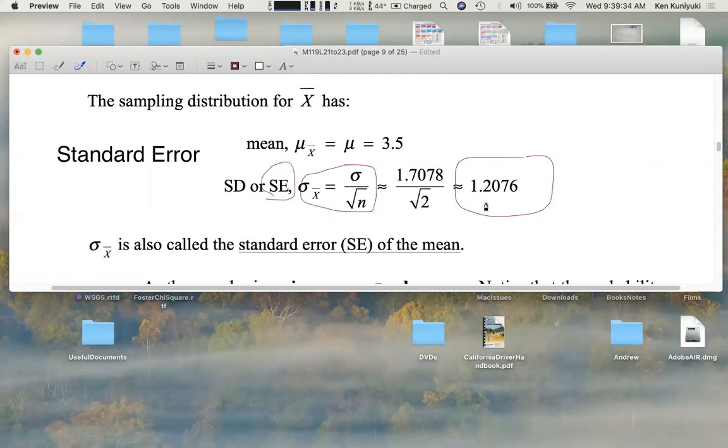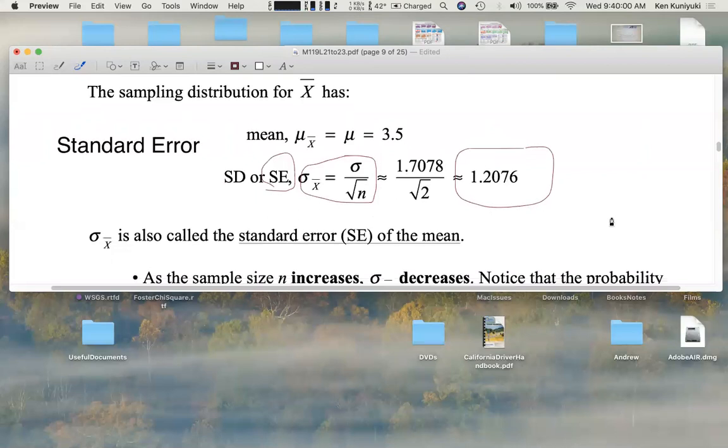So the standard error, about 1.2 here, is going to be less than the original standard dev for 1 die, which was about 1.7. As n increases, as the sample size increases, as more dice are rolled, from 1 die to 2 dice to 4 dice to 2 million dice, the standard error, the spread, will decrease, and we're going to see greater clustering around the 3.5.